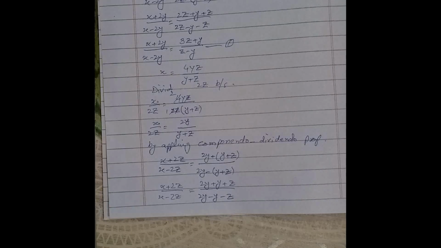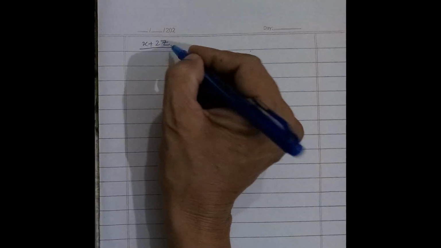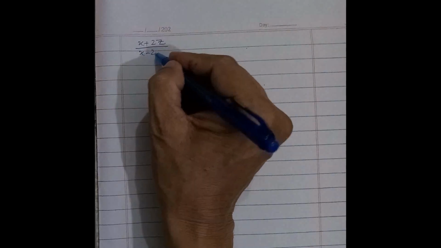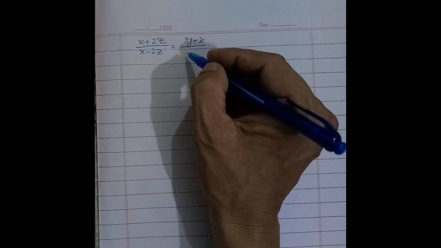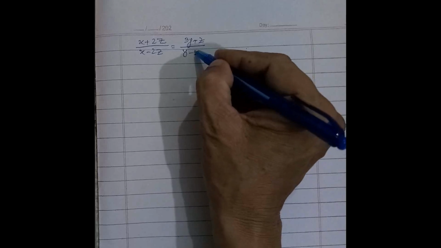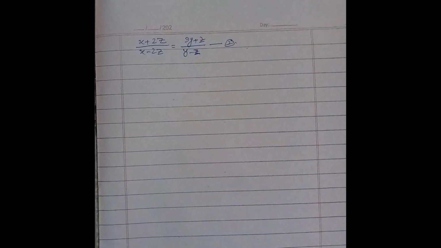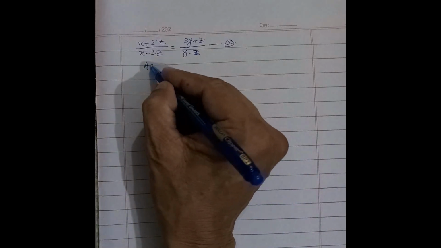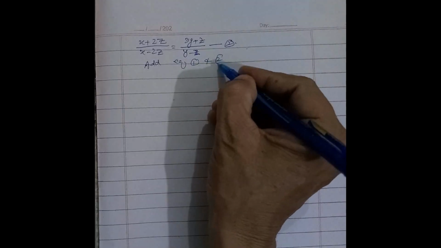And then we further simplify these values. X plus 2z over x minus 2z is equal to 3y plus z over y minus z, and it is equation 2. Now we add equations 1 and 2.